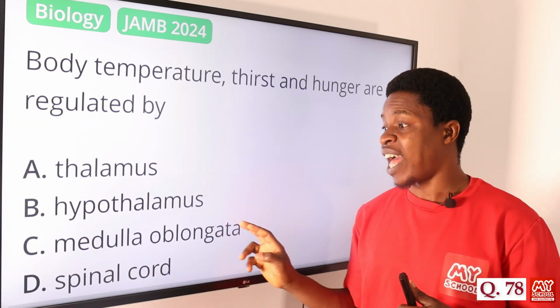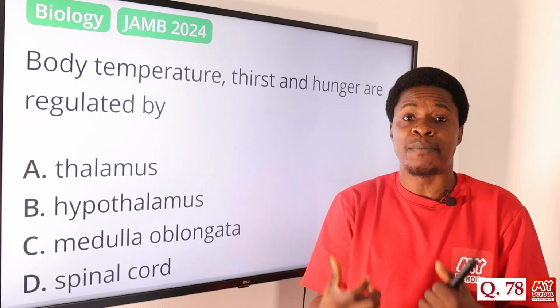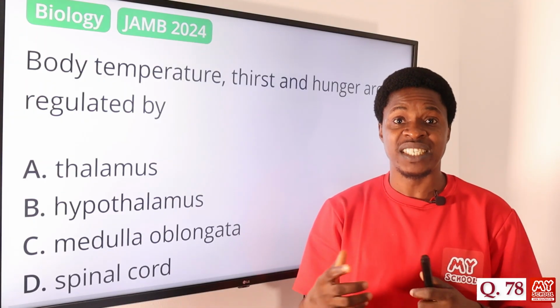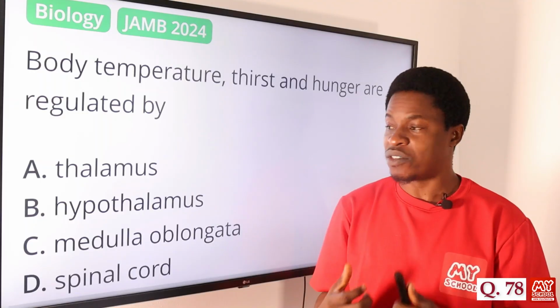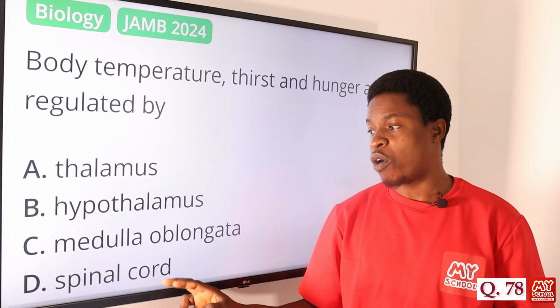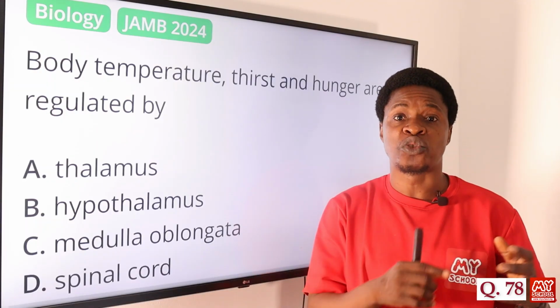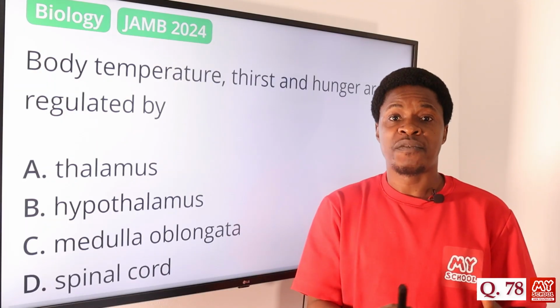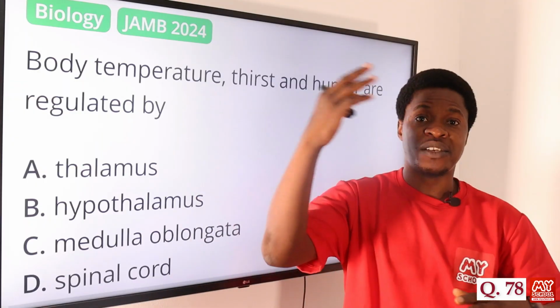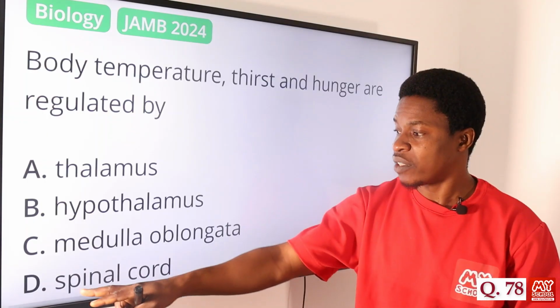So medulla oblongata regulates the breathing rate, the heartbeat rate, the blood pressure. And finally, spinal cord is actually responsible for transmitting impulses from the brain to other parts of the body and from the sense organs to the brain. So that's what the spinal cord does.